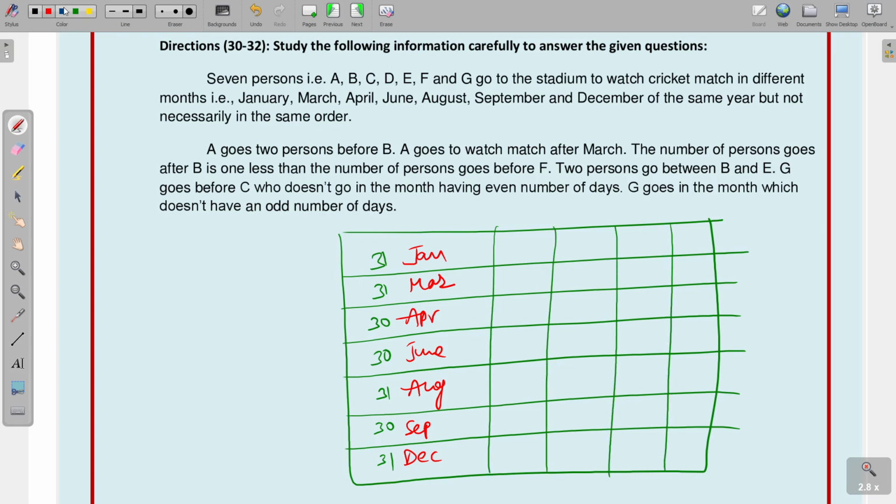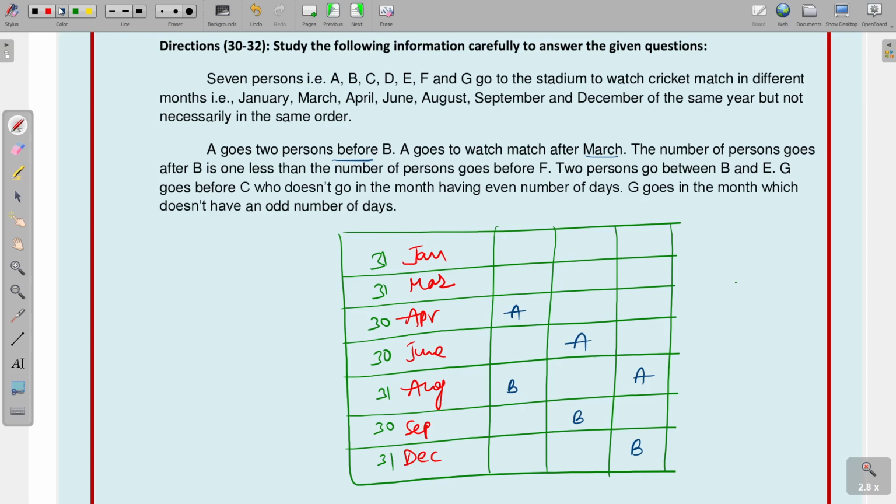So see, first one, A goes 2 persons before B. A goes to watch the match after March. So if A is placed here, B is placed here, that is the first possibility, then second and third possibilities.